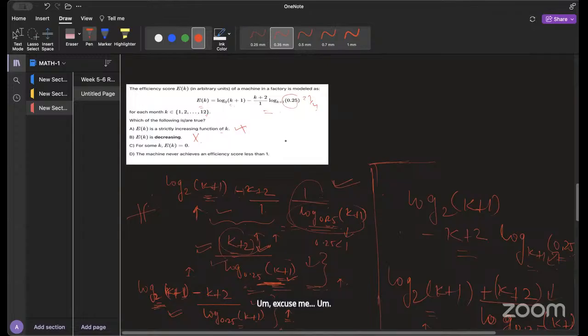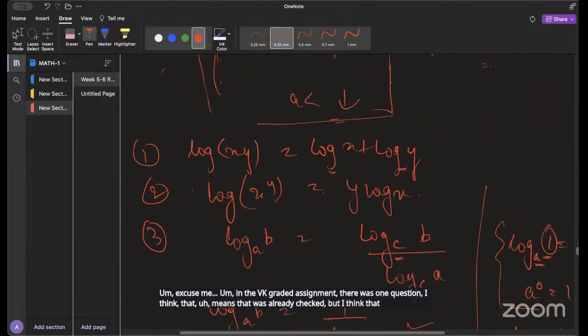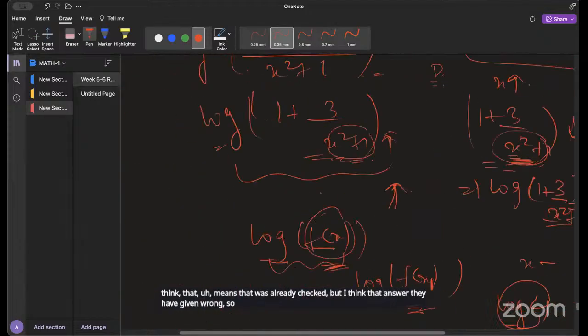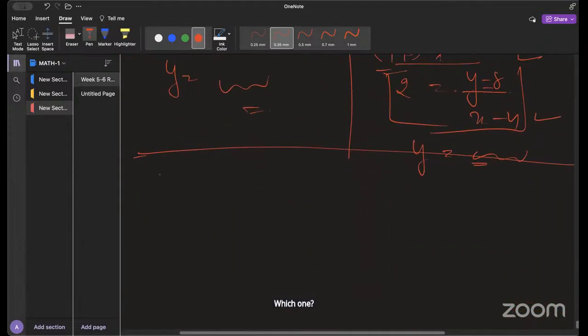In the week 8 graded assignment, there was one question. I think that was already checked, but I think the answer they have given is wrong. So can you please check? Which one? Week 8 graded assignment.